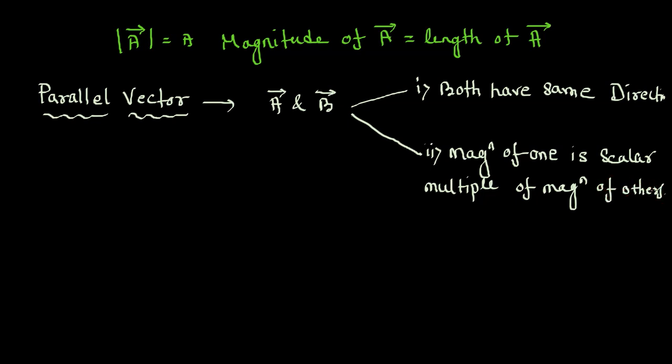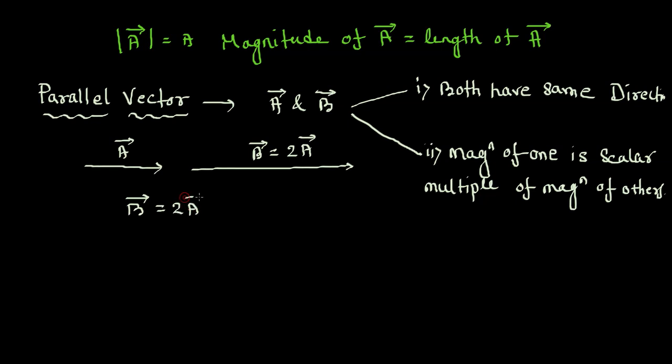Suppose we have two vectors, this is vector A and this is vector B. From the picture we can say B is equal to 2A. Mathematically we can write B vector is 2A. It is a scalar multiple.